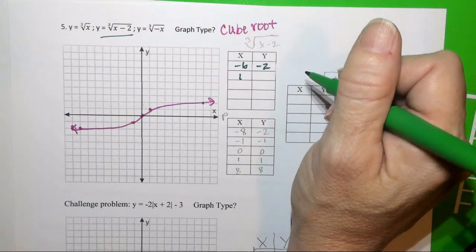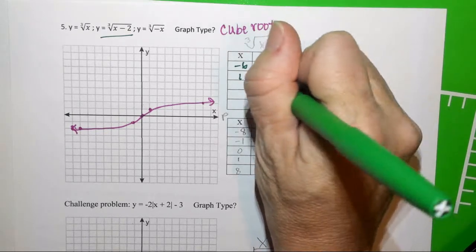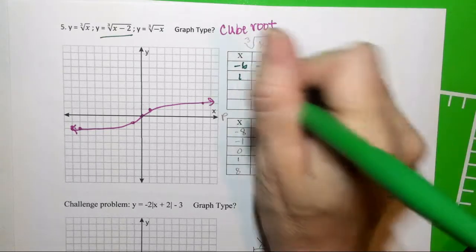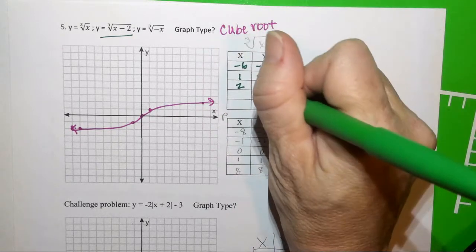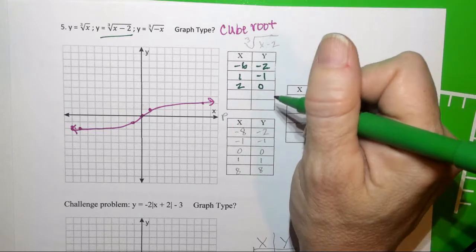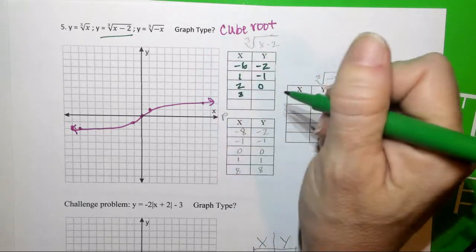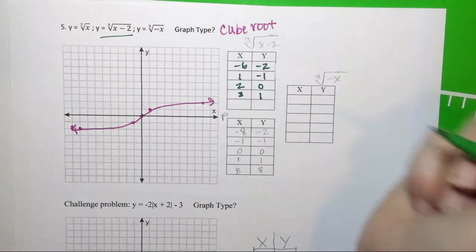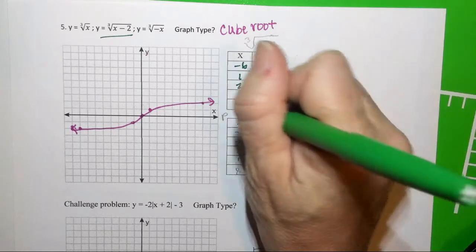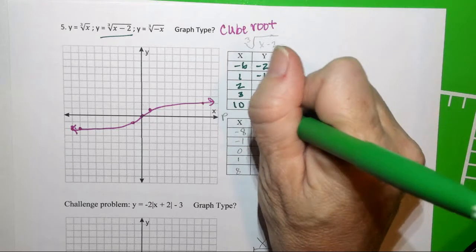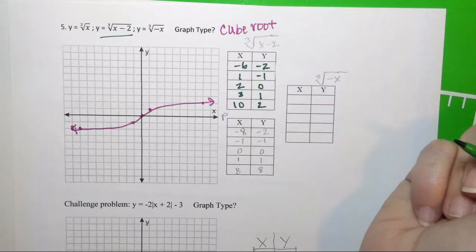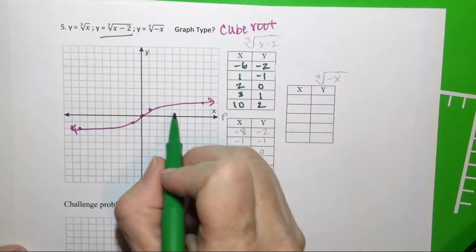And the cube root of -1 is -1. +2 gives us 0. 3 minus 2 is 1. The cube root of 1 is 1. And how about 10 for our last one? 10 minus 2 is 8, and the cube root of 8 is 2. So let's go ahead and graph those.